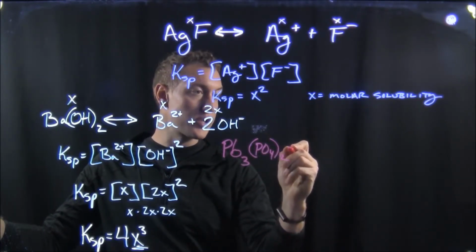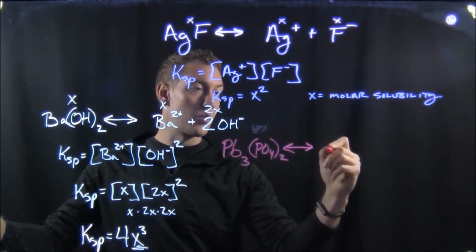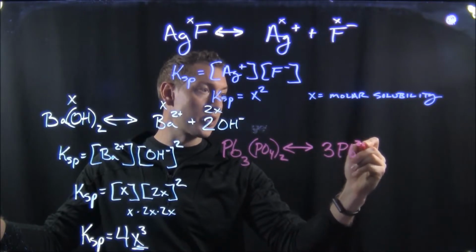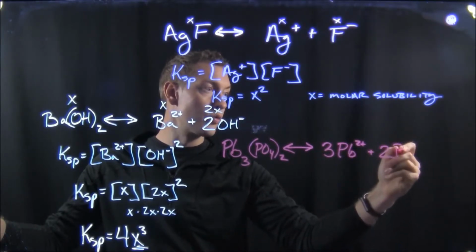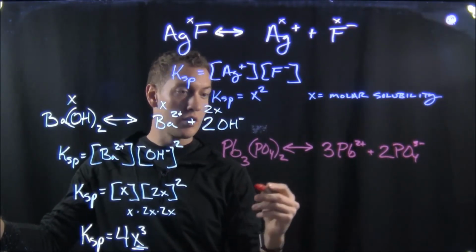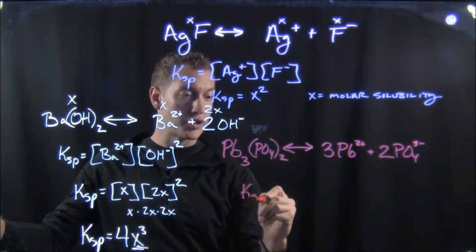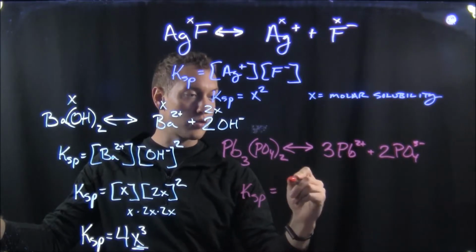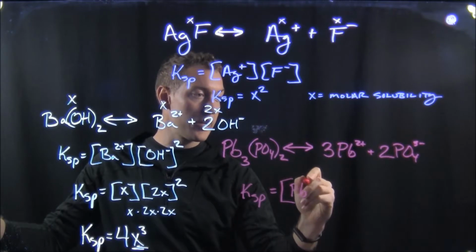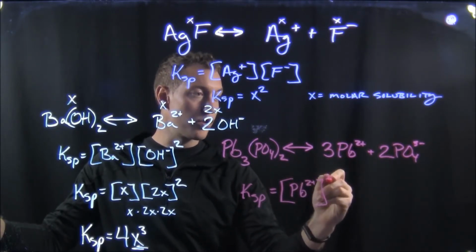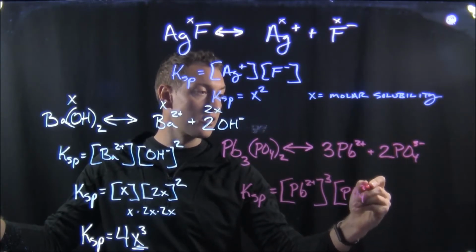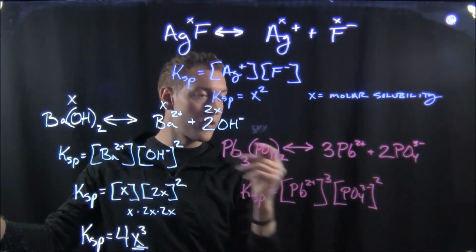When that would dissociate, it would yield 3 Pb2+ ions and 2 phosphate ions, so that your KSP expression would equal your concentration of lead cubed times your concentration of phosphate squared.